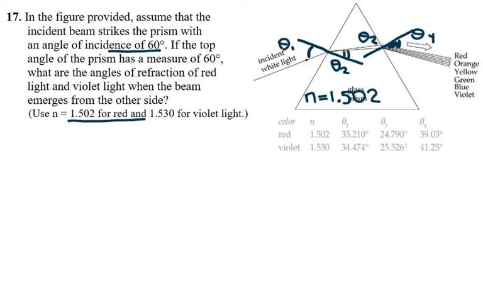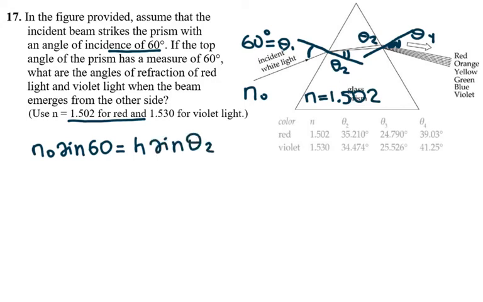And the angle is given, 60 degrees. So I'm going to use Snell's Law, and I'm going to call this sub-zero. So I have n sub-zero sine 60 is equal to n, the one that they give you, 1.502, sine theta 2.